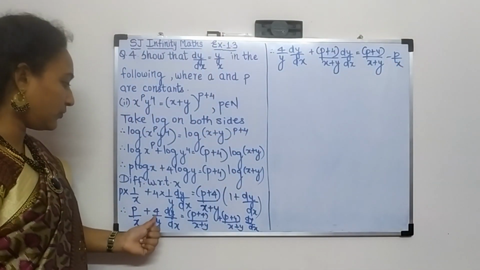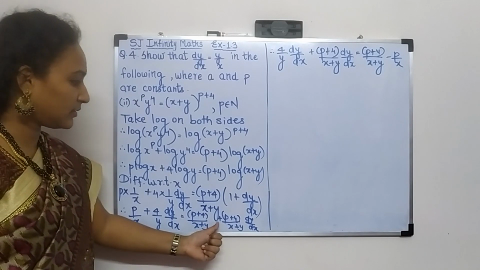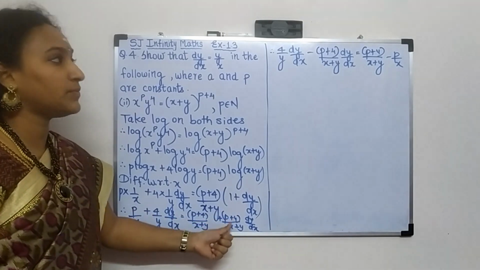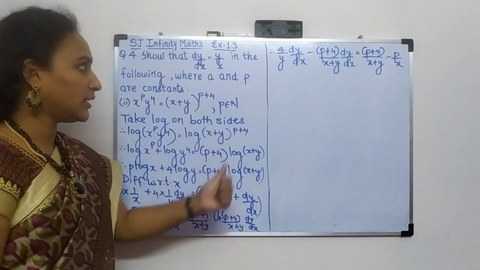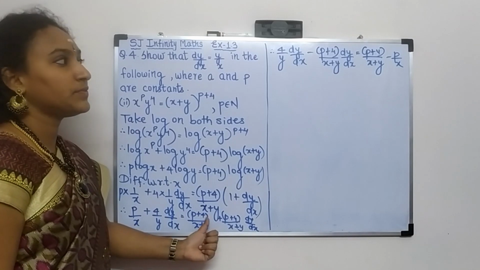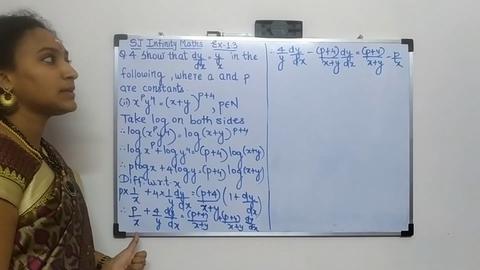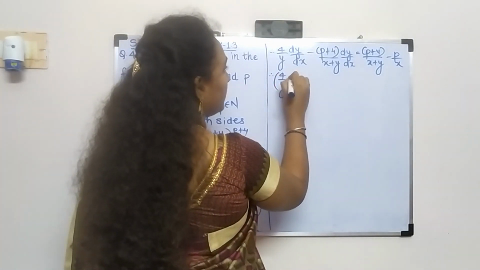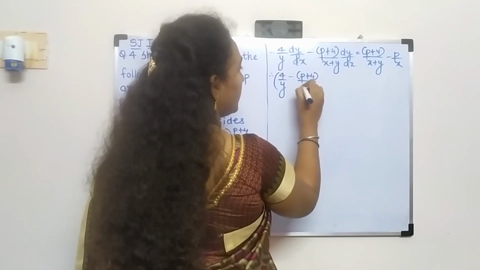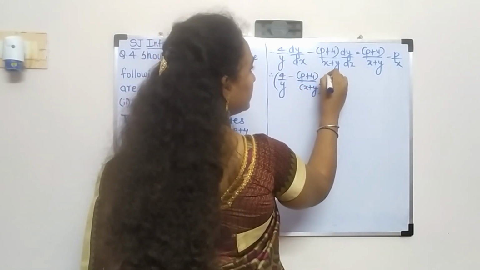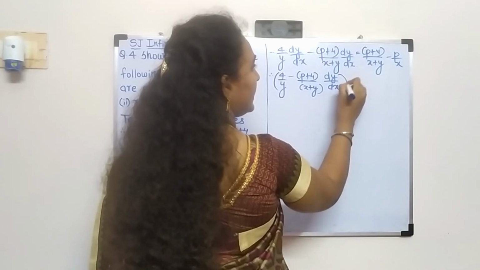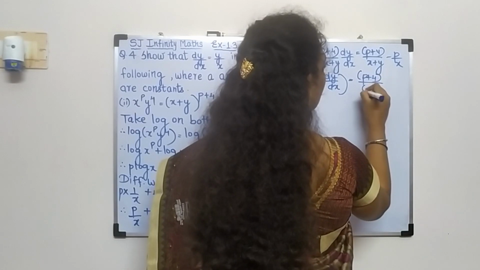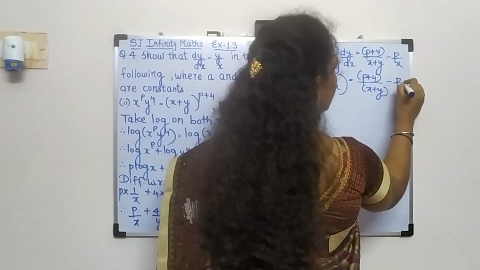See, (4/y) dy/dx minus ((p + 4)/(x + y)) dy/dx, which is equal to (p + 4)/(x + y) - p/x. Therefore, (4/y - (p + 4)/(x + y)) dy/dx = (p + 4)/(x + y) - p/x.